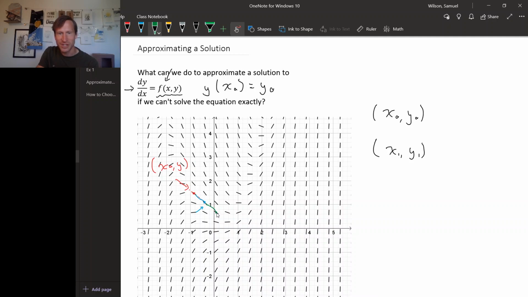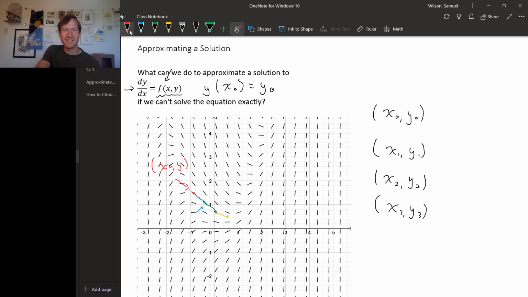That might put us over here, which would give us another new point, x2, y2. That puts us on a new little tick mark, so follow that one for a while. And that gives us x3, y3.